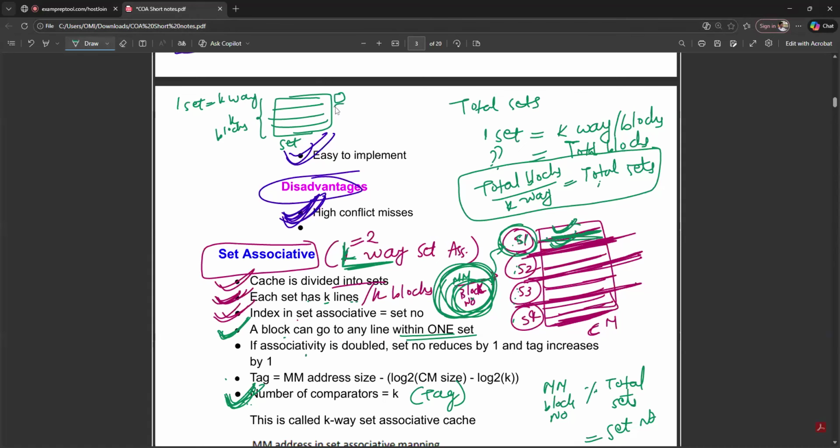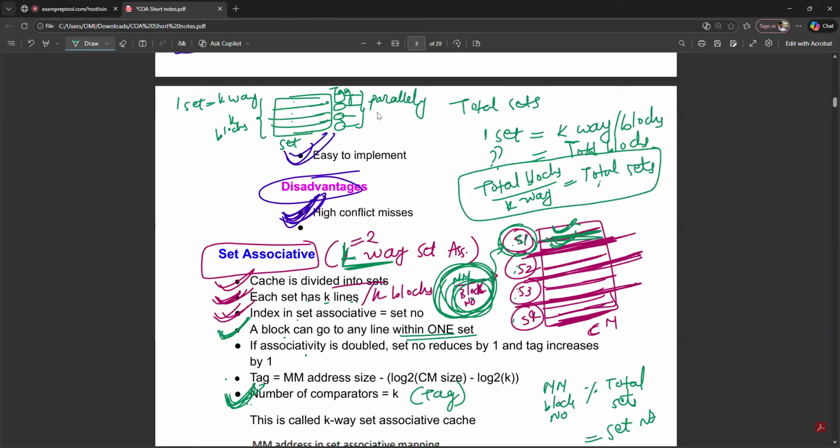And here one tag is there for each block. Now, if we have to find which block is present, you have to check each block in the set, parallelly.